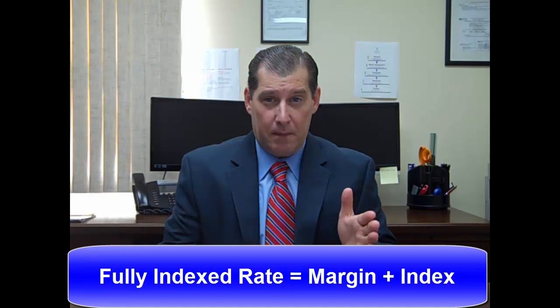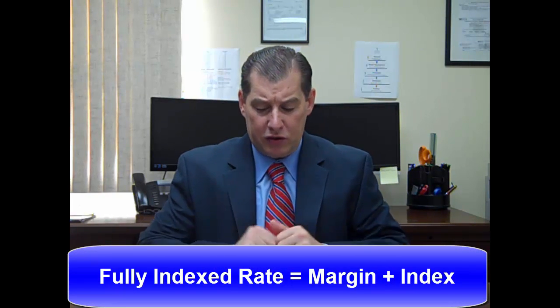Now if the index drops, let's say to 3%, your margin stays at 2%, and your fully indexed rate would then be only 5%. So during the adjustment period of your loan, every time it readjusts, your fully indexed rate is a combination of the margin plus your index.